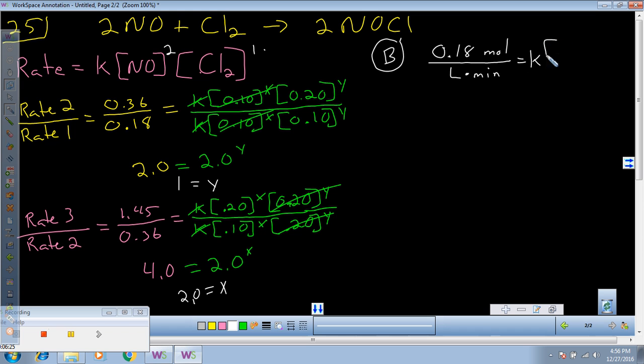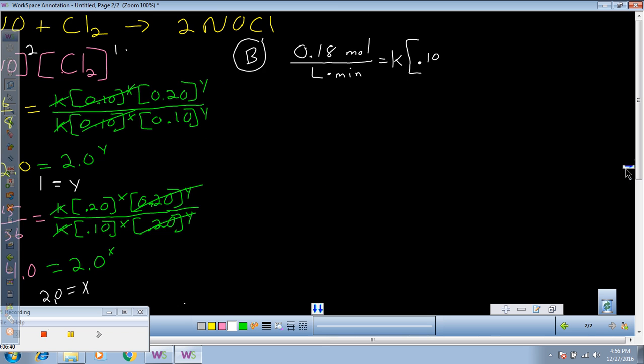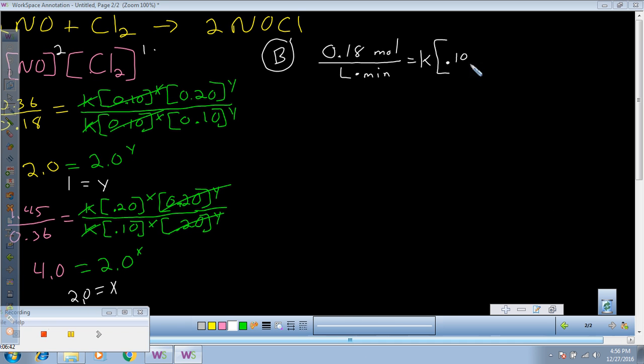In my concentration, I'm going to do them in the same order, of course. NO is 0.10, and it's to the second order. And this is in molarity, moles per liter, and it is to the second order. And then my Cl2 for my first experiment was recorded as this.